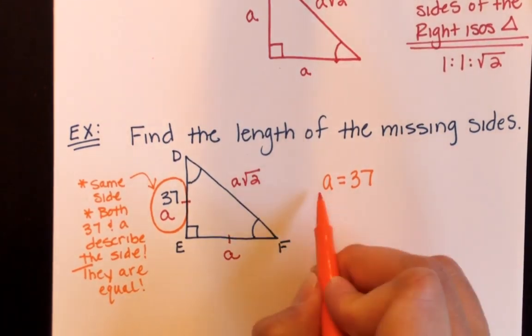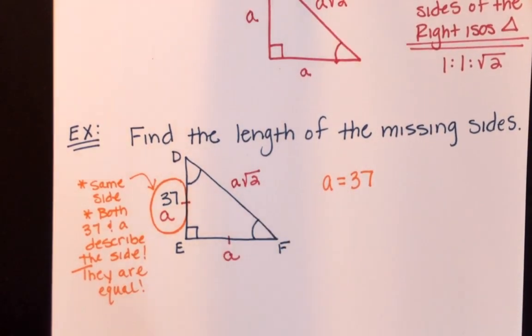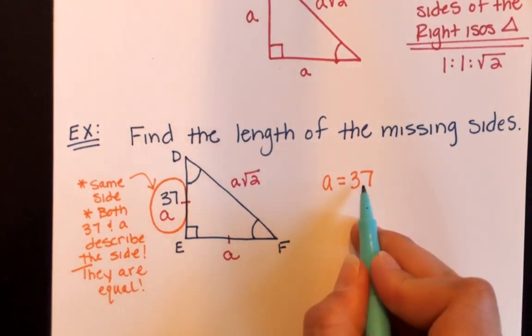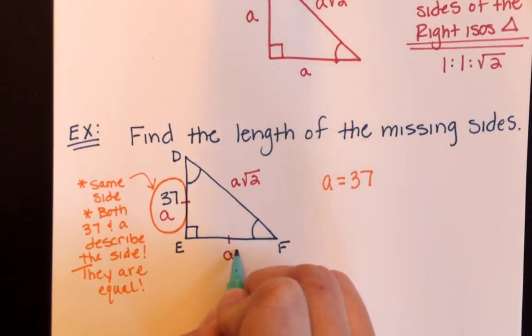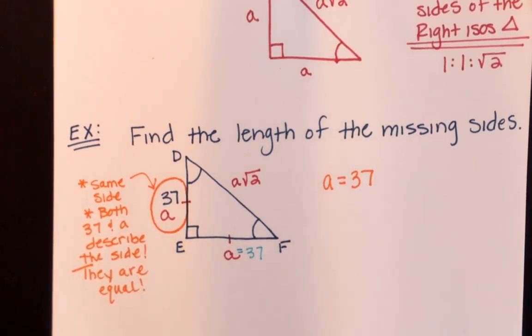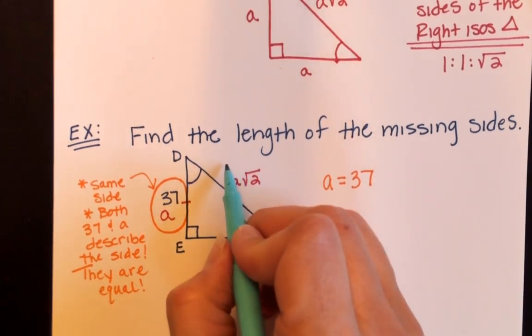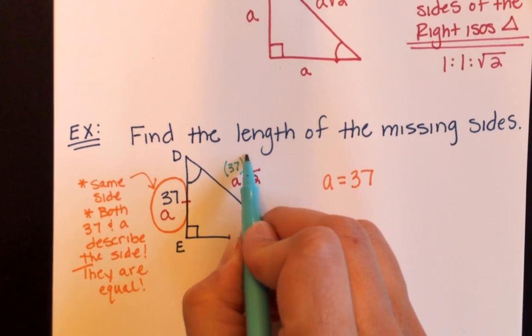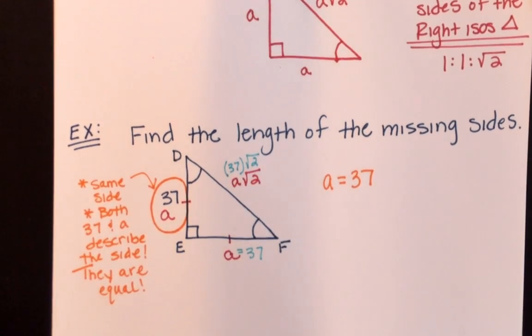So this is what happens, which then means I can go back and now say, well, if A is 37, that means this side is 37 because it's also A. And if A is 37, that means I'm going to plug 37 in for A, but I get to keep the radical 2.